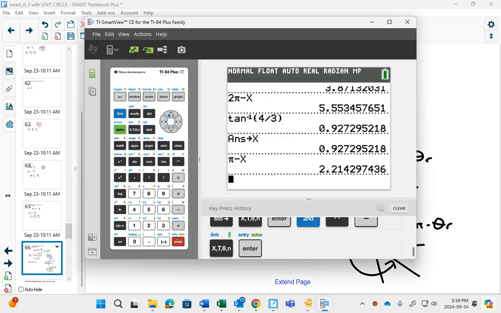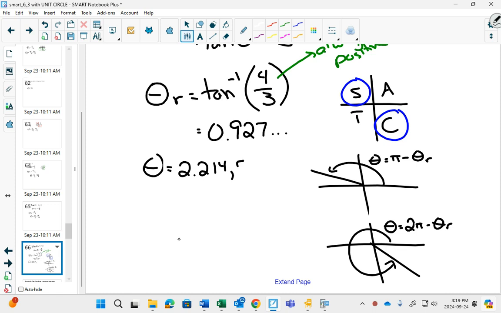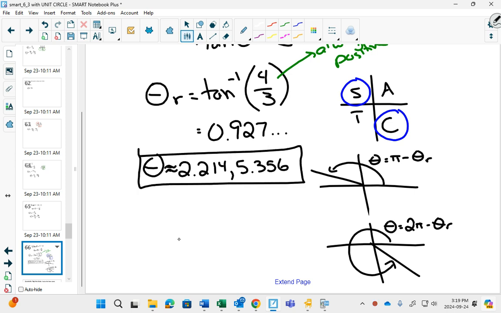And the nice thing about storing that as x is now I can just go 2 pi minus x, 5.356, and we have our final answers.